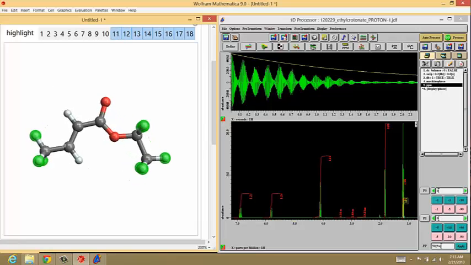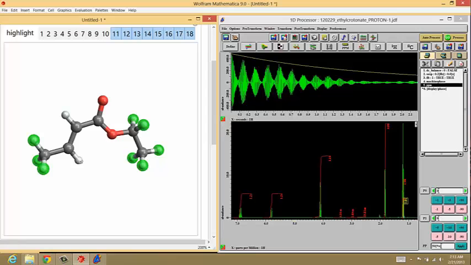So now we've identified all of the hydrogens that are in green, and we're left with assigning the 2 CH groups here. If we take a close look at the CH groups, let's start with this one. This CH group only has one nearest neighbor. So we would expect that this particular hydrogen would be split into a doublet, because it's got one nearest neighbor with one equivalent hydrogen. 1 plus 1 is 2.